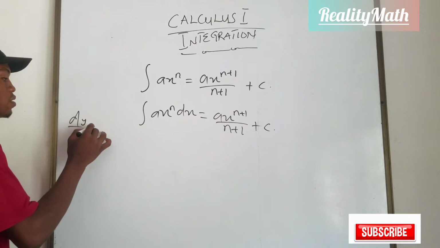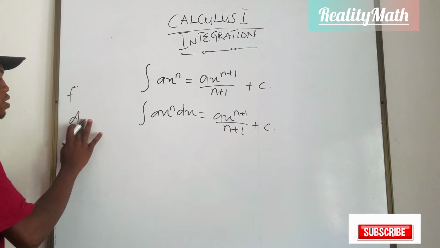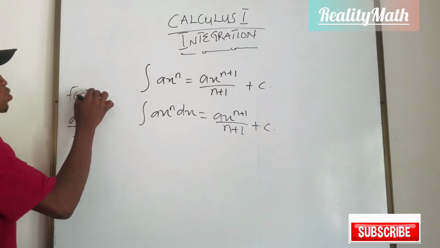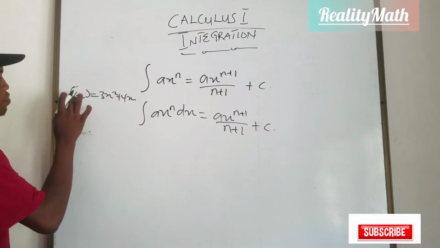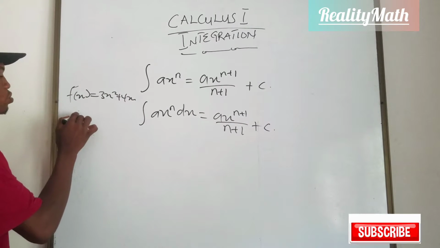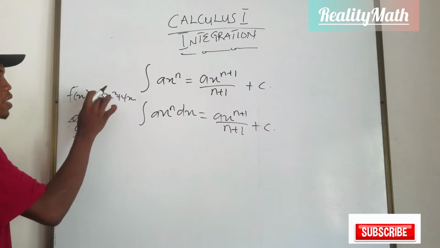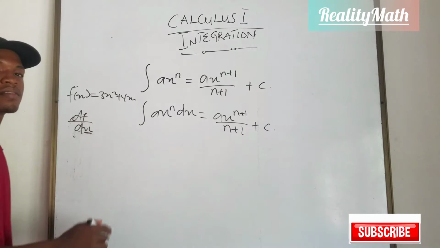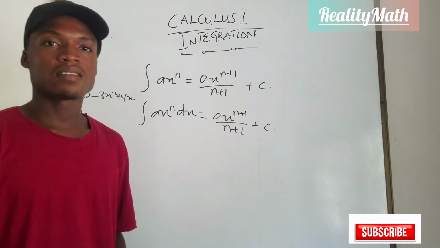Let's say f of x is equal to 3x squared plus 4x. To find f prime, the dx over here determines that the function is in terms of x. That is why we have to put the dx there.